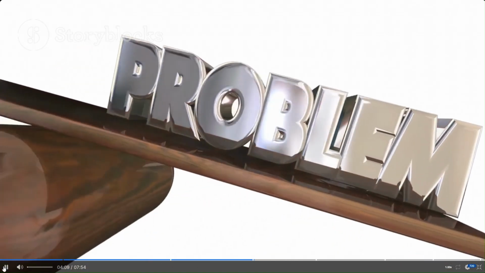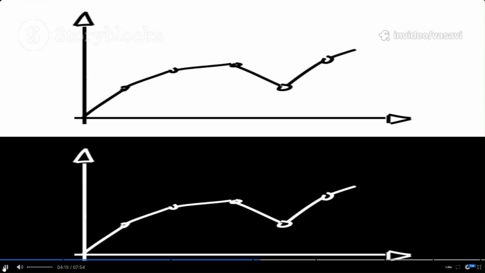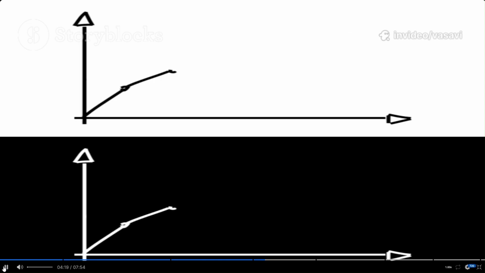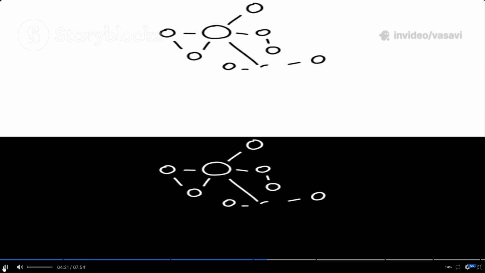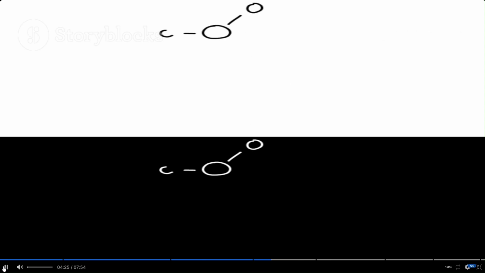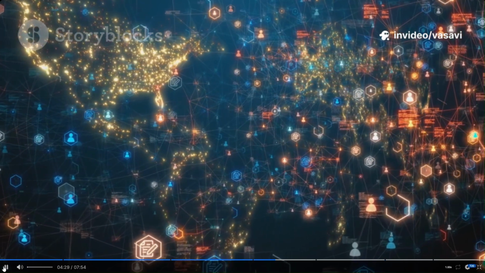Section 4, the magic ingredients. Defining G, H, and F. The algorithm's intelligence is encapsulated in f(n) equals g(n) plus h(n). g(n) is the actual cost from start to n. It's not an estimate, it's the sum of edge weights along the best known path so far. At start, g(A) is 0.